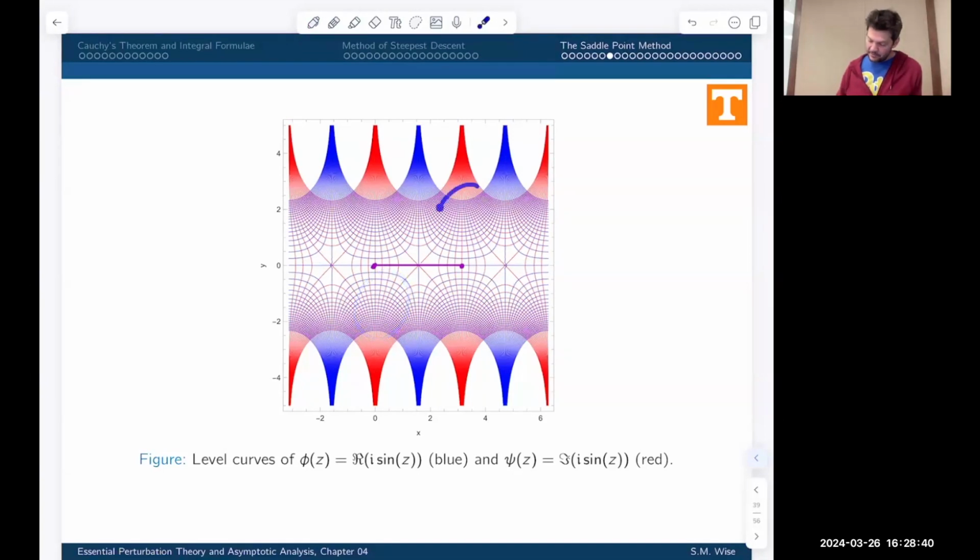This is also a hill of phi, and these are two valleys, separated by a saddle point. So which way should I go in order to go downhill? I should go in this direction, because if I go the other way, I'm going to an uphill portion of phi. That tells me what I want gamma 1 to be. I want to go this way. So there's where I'm going for gamma 1.